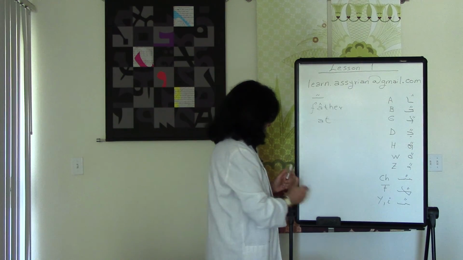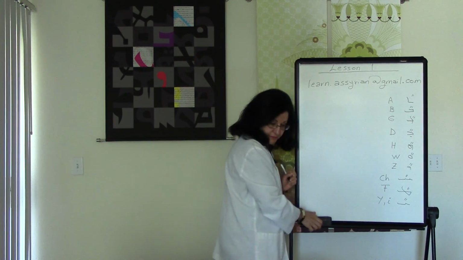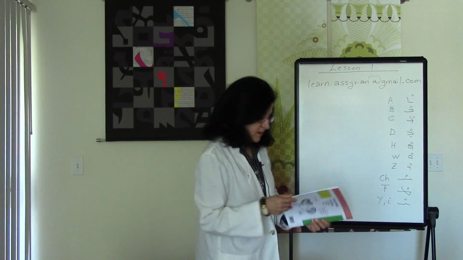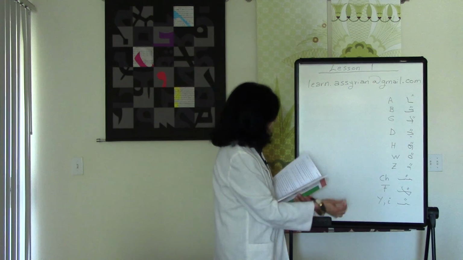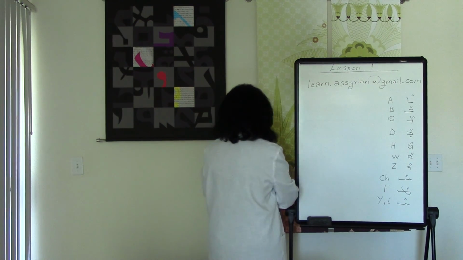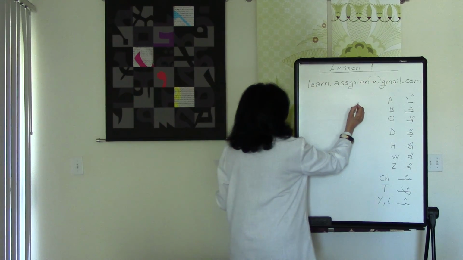Now I will give you some examples from the book. For example, we have baba, as I said, which means father.